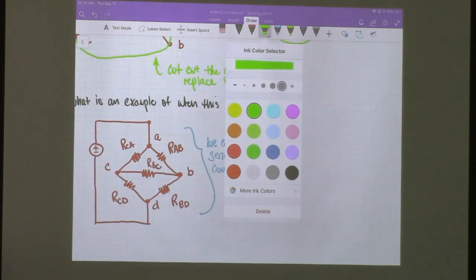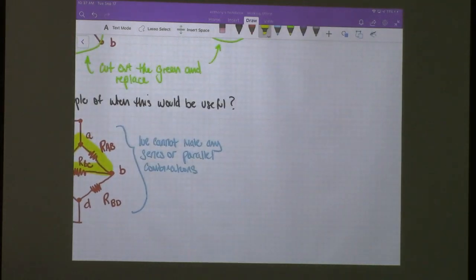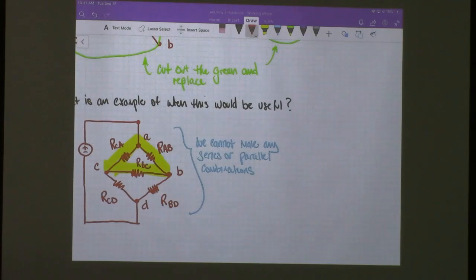what if we took these three and now we replaced it, and so if I redrew the circuit, again, cutting along the line, pulling it out, and now I gave you something that looked like this.